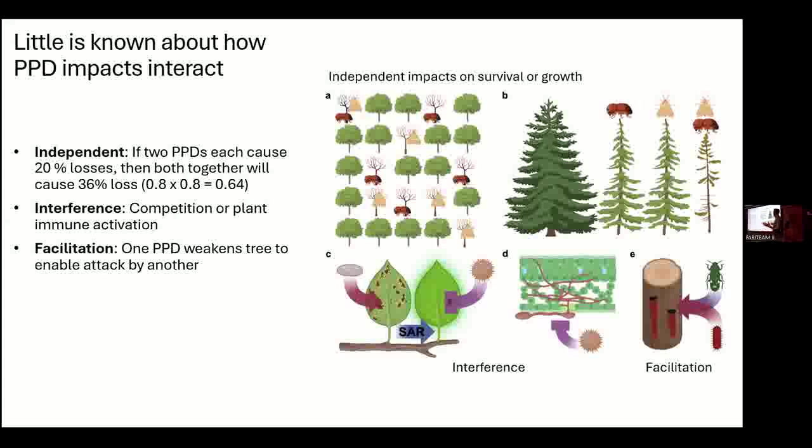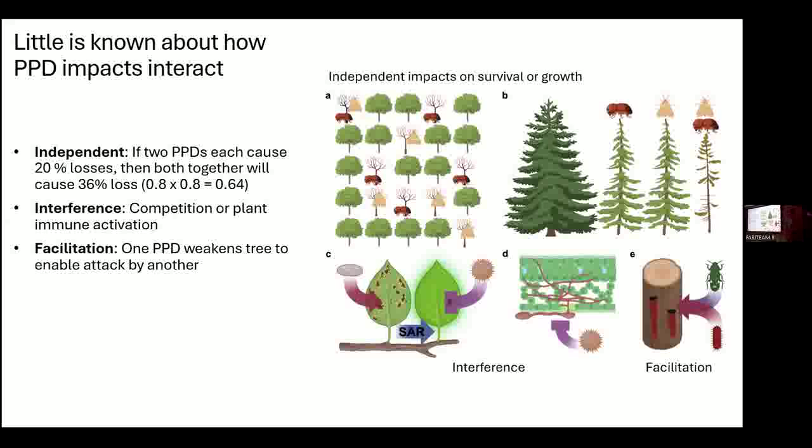In that case, multiple arrivals have less of an impact than individual arrivals would. We could also have a case where, once one of them has got in, there's competition inside the leaf: the mycelium of one pathogen built up inside the leaf, for example, stops another one from getting in, keeps it out.